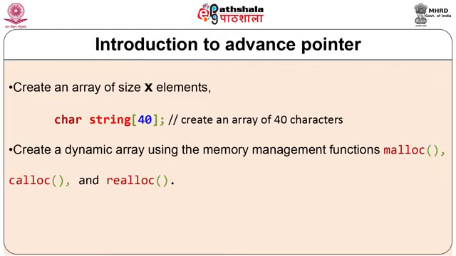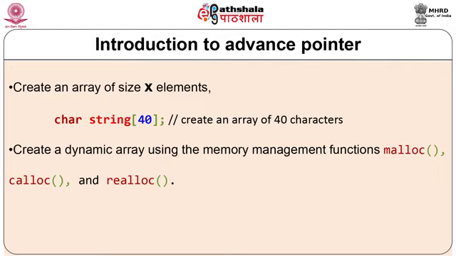We can also create a dynamic array using memory management functions like malloc, calloc and realloc. These are the memory management functions. We can also use them for creation of a dynamic array.